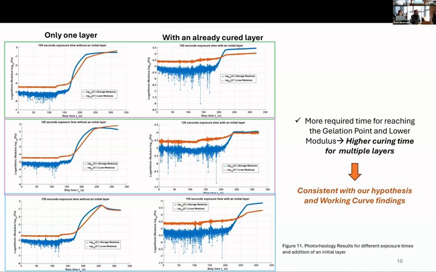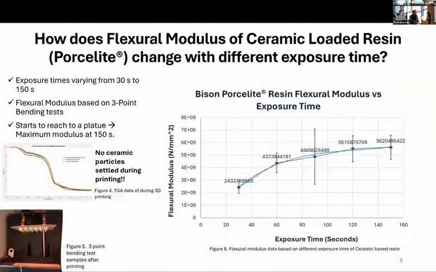I mean, eventually our actual main goal is, in a ceramic matrix, there are two components, right? One polymer and one ceramic. So we wanted to know what affects this. As we can see from the data, as we increase the exposure time, because DLP works on exposure time, this is the main parameter that we are working on.